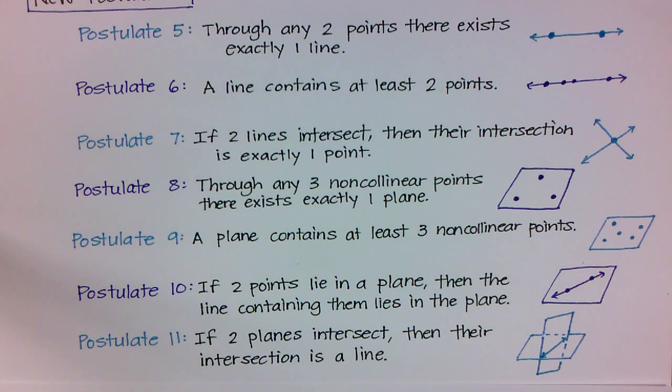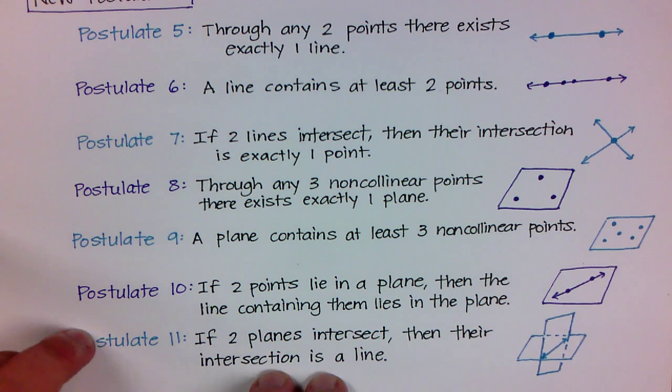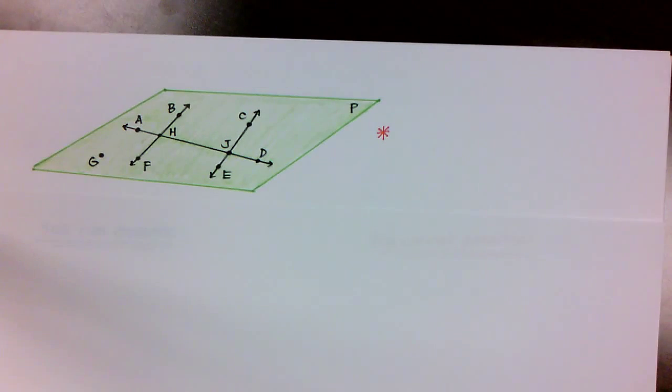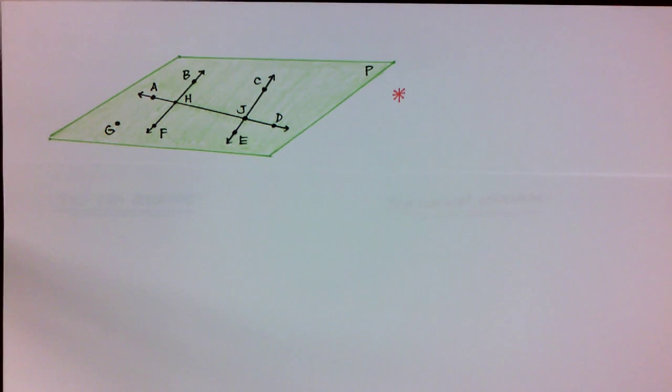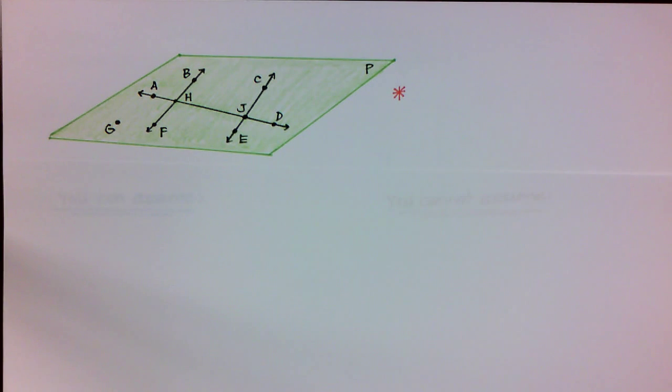Now you'll see when you do some practice problems that they'll give you diagrams and ask you to state certain facts that you know based on these up to 11 now postulates that you have under your belt. So let's move on to a diagram, which is part of what today's lesson is all about. So I've drawn a plane here, okay, and it has many things going on in it. There's many points.